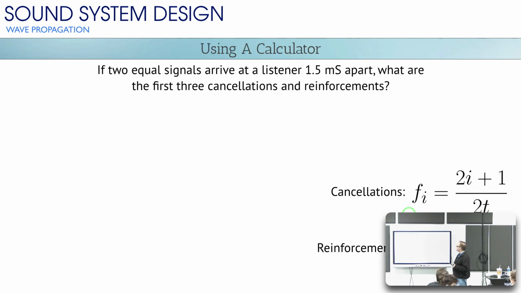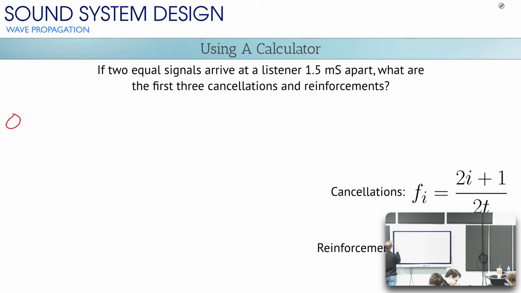Of course. All right, so let's try this out. So here's a scenario. You've got two audio signals that are equal in every way, except for the fact that they are 1 millisecond apart in time. What are the first three cancellations and reinforcements? So when I say that, I mean the first three frequencies that will cancel out and the first three frequencies that will reinforce. Okay, so I'm going to use C for cancellations and R for reinforcements.